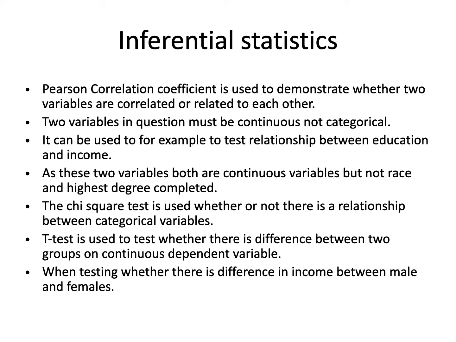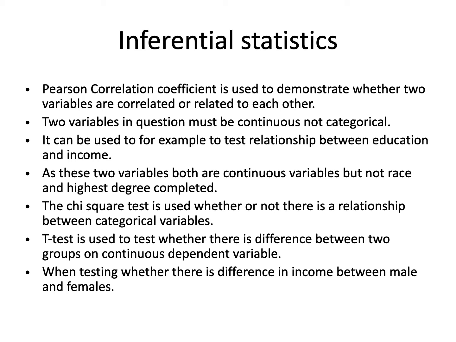The Pearson correlation coefficient is used to demonstrate whether two variables are correlated or related to each other. When using Pearson's correlation, the two variables in question must be continuous, not categorical.